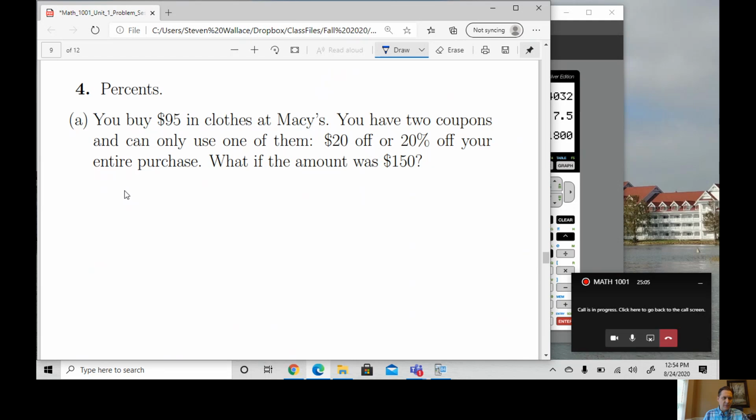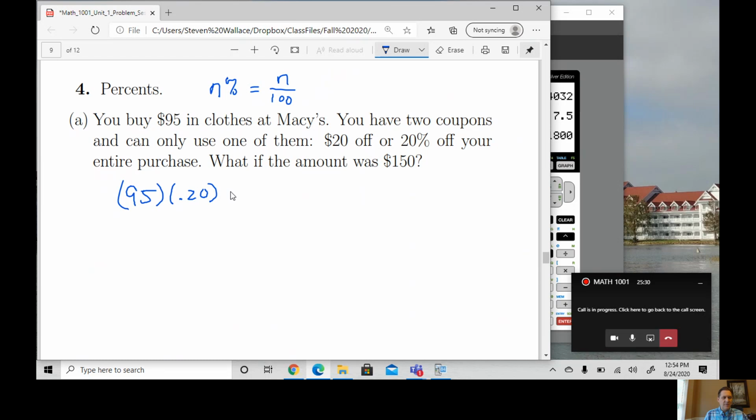So we just need to figure out which one takes off more money. So $95 times 20%. Remember, percent means per 100, so n percent is really the number n divided by 100, right? And when you take 20% of something, of means multiplication.